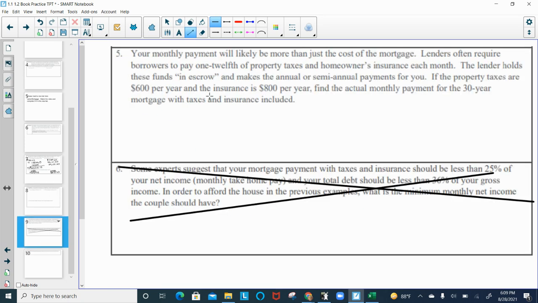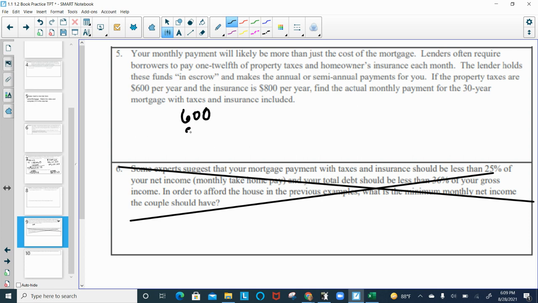This is number 5. It says your monthly payment will likely be more than just the cost of the mortgage. Lenders often require borrowers to pay 1/12 of the property taxes and the homeowner's insurance each month. The lender holds these funds in escrow and makes the annual or semi-annual payments for you. If the property taxes are $600 per year, which is unheard of cheap, let me grab my pen.